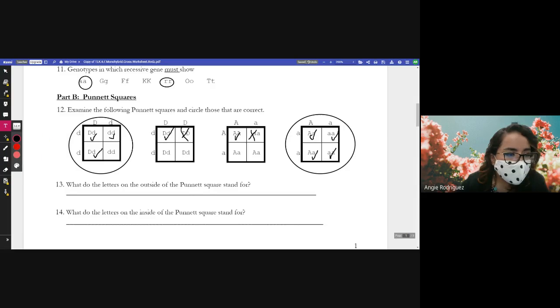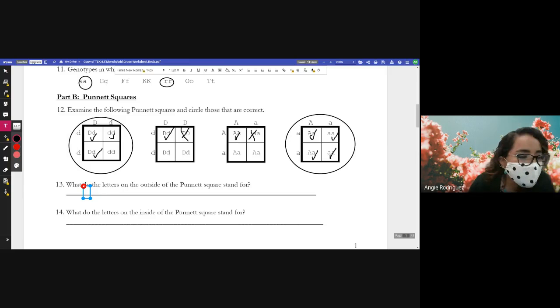All right, now let's answer 13. So 13 asks, what do the letters on the outside of the Punnett square stand for? So the ones on the top and the left, who are those? We had covered it on the little video presentation that I went over right now. The ones on the outside, the letters that are on the top and the left, who are those?